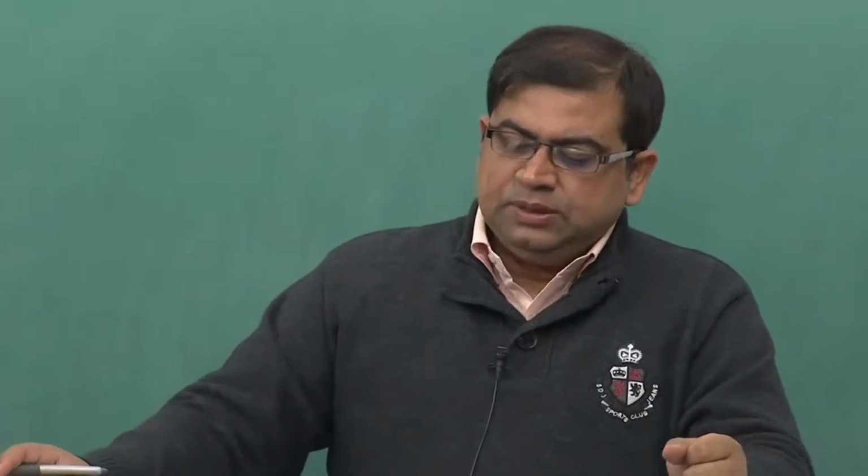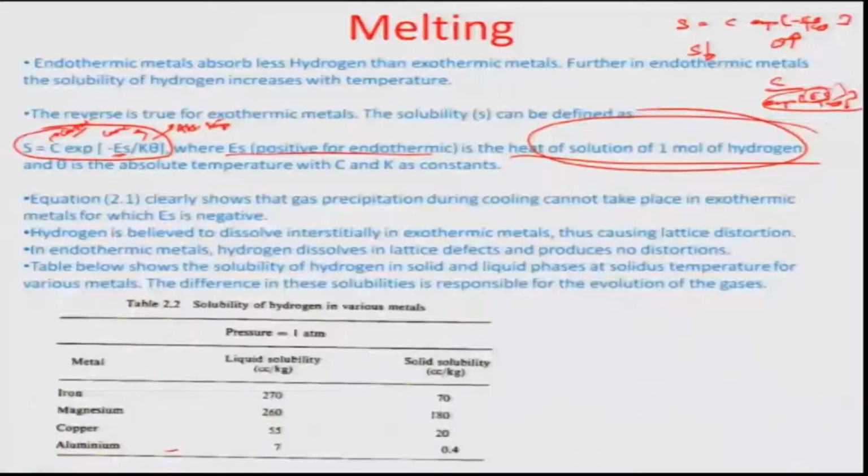So, obviously in such materials like exothermic materials, as the Es value is negative, the solubility here will be C exponential of a positive Es by k theta, and if theta decreases in this particular case, obviously this exponential factor is going to increase and the solubility is going to increase. So, if the temperature comes down in exothermic materials, the solubility of the gas is going to increase. Okay. So, that is a problem, because the gas cannot be precipitated anymore.